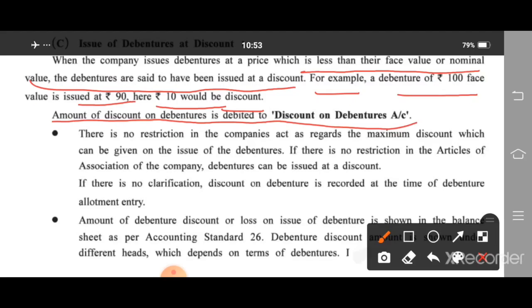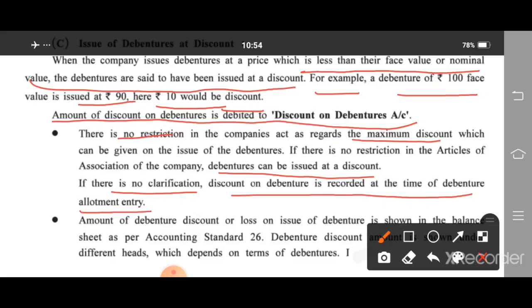Now here there is no restriction in the Companies Act as regards the maximum discount which can be given on the issue of debenture. If there is no restriction in the articles of association of the company, debenture can be issued at discount. The discount on debenture is recorded at the time of debenture allotment entry.